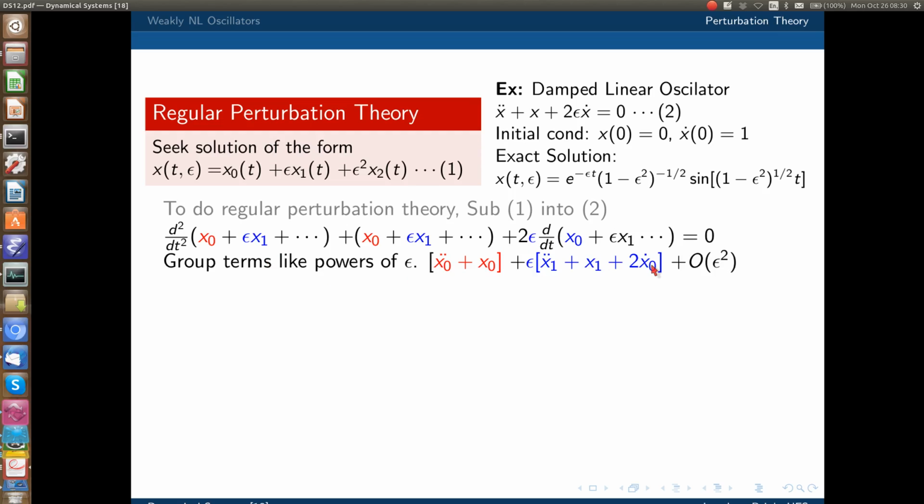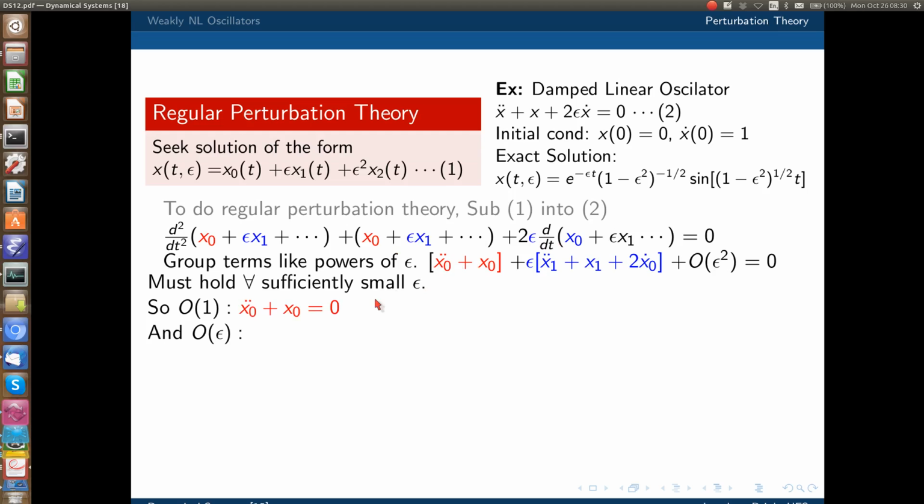And then you say, as I've just done, you want this to work for all epsilon that's small enough. Because epsilon is a scalar, all the terms in front of the powers must equal 0. So you take your one original equation and split it into several simpler equations. At order 1, this equation must be 0, and at order epsilon, this equation must be 0. Those are the two things you now want to solve.